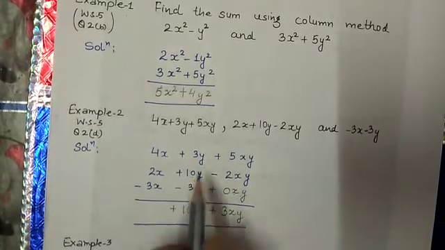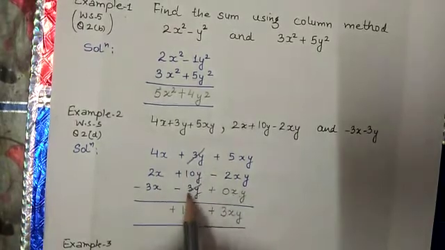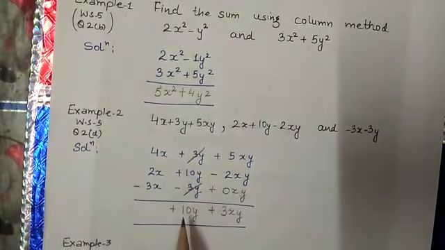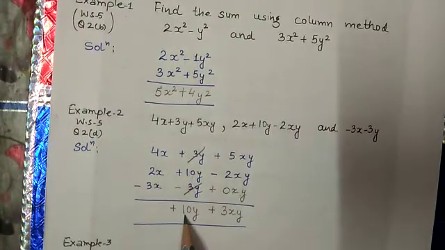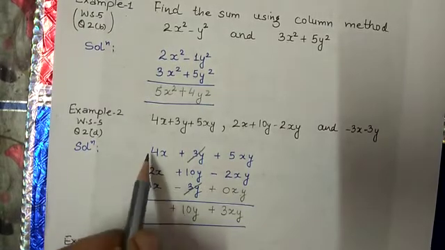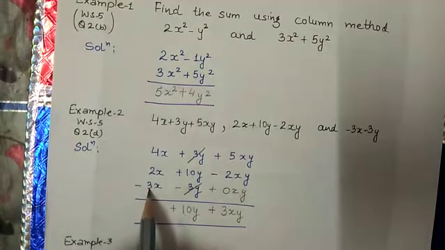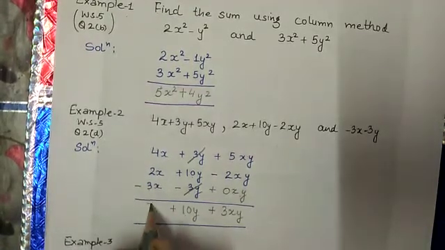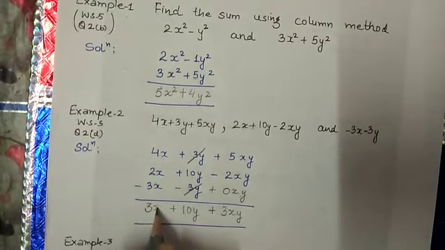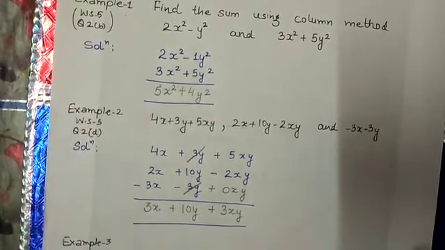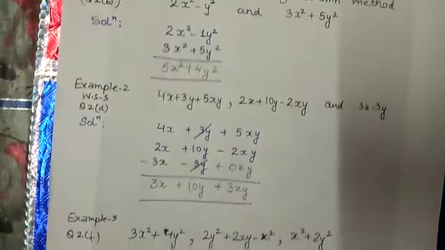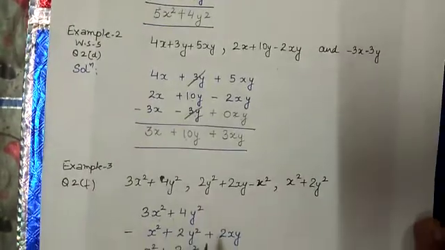If I observe this, I can cancel these two. Again, I will be left with 10y. Clear? Then 4 and 2, 6x minus 3, 6 minus 3 became 3x. Clear? Now example number 3.